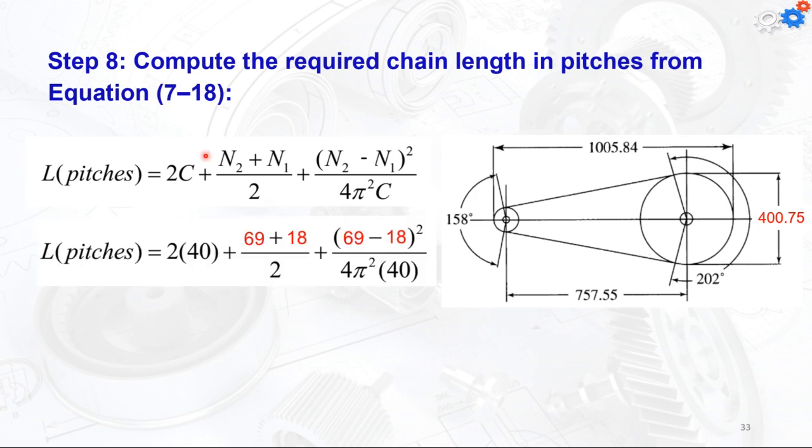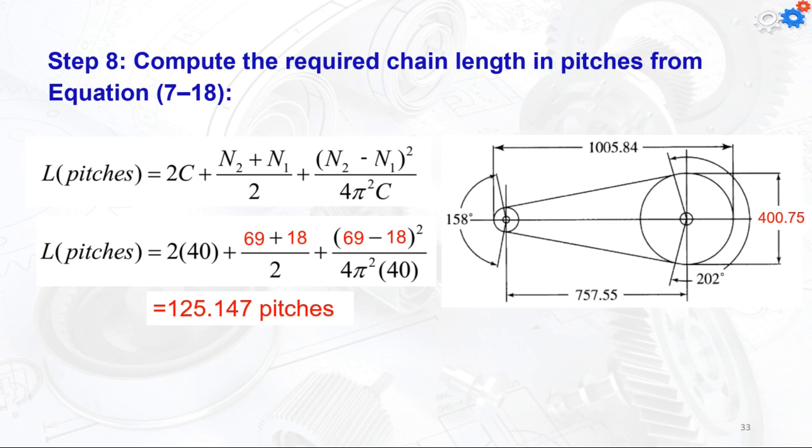I will come out with the value of 125.14 pitches. Now, of course, I can change that to millimeters simply by multiplying it by the pitch value, which is 19.05. Okay, so actually, it's going to be nice to show you that.